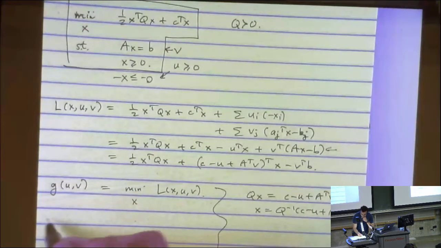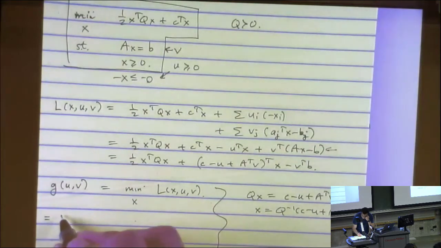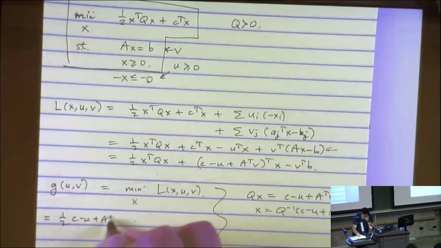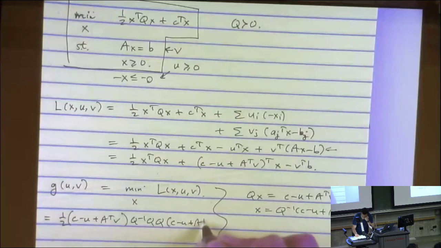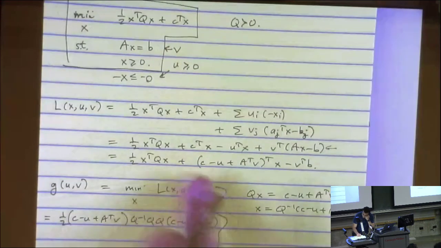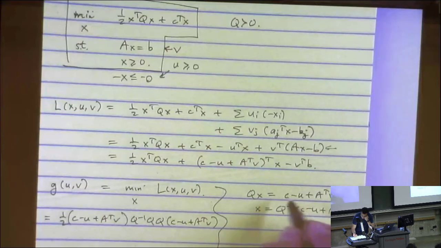And if I were to plug that in, then I'm going to get 1/2 x transpose Qx, which is going to look like 1/2 (c minus u plus A transpose v) Q inverse Q times the same thing. That's this term, 1/2 x transpose Qx plus, wait, sorry, I'm missing a sign here.